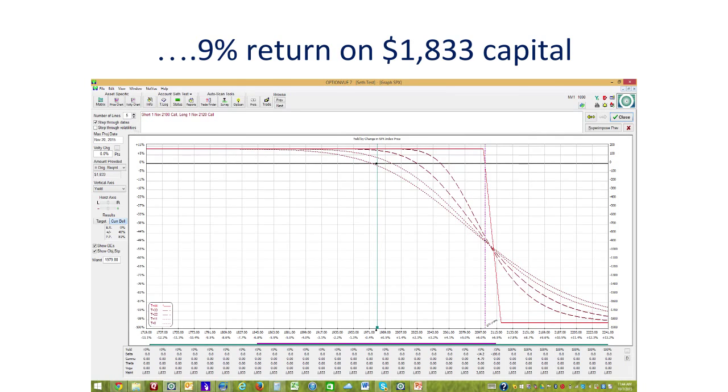That's because the $167 divided by the $1,833 in capital is actually a smaller percentage, 9% versus the 11% that you would get for the 10-point strike separation. Now, to drive the point home as to why it should be pretty much a no-brainer to do the 10-point strike separation, let's take a look at if you did two lots with the 10-point strike separation.